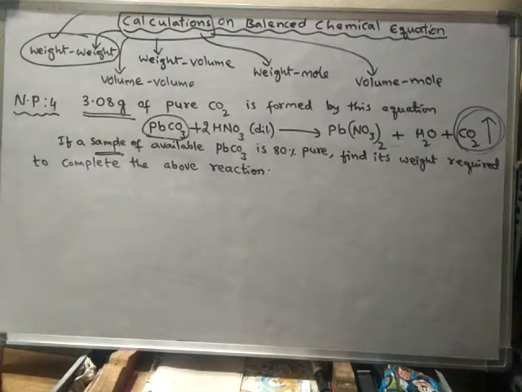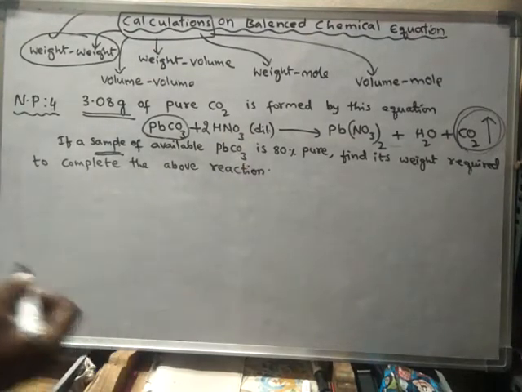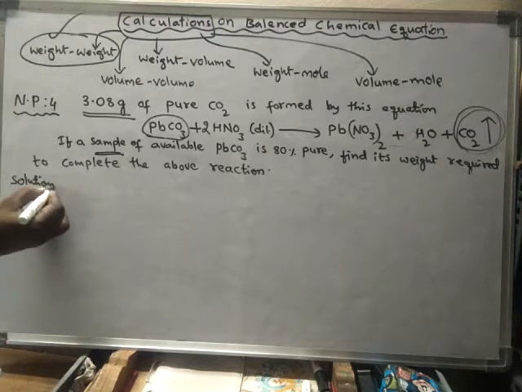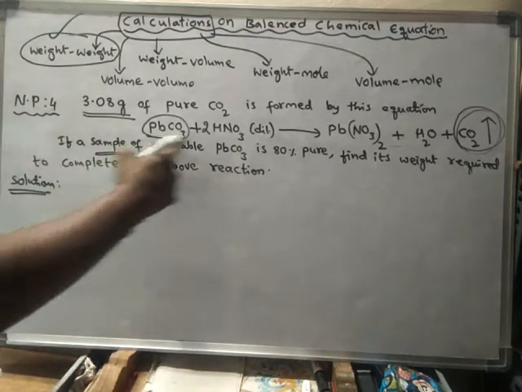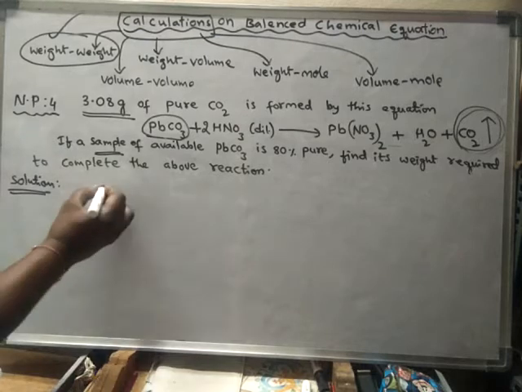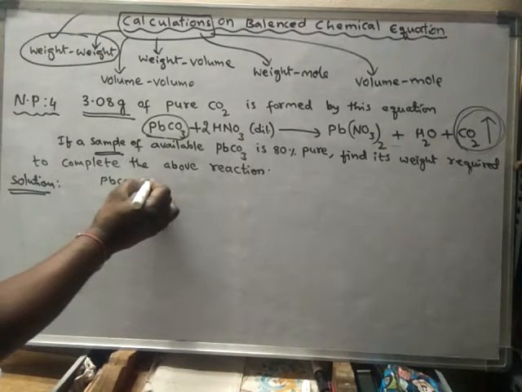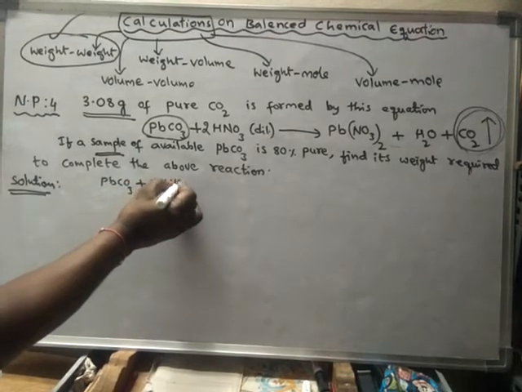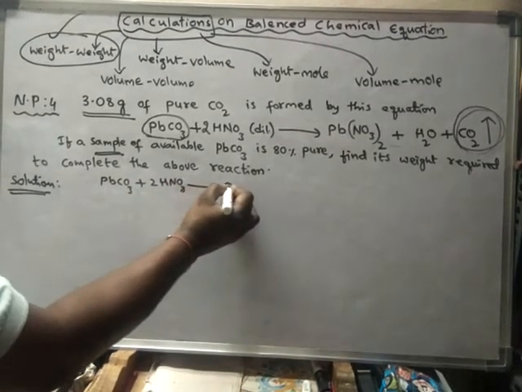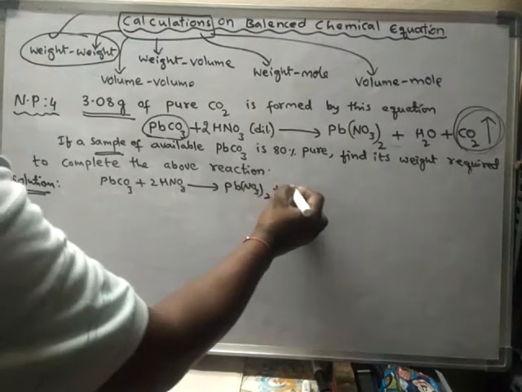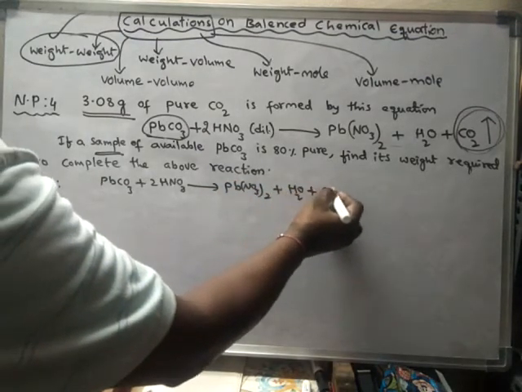To solve such problems, again we have to take the help of the balanced chemical equation. So again I am writing lead carbonate produces lead nitrate plus H2O plus carbon dioxide.